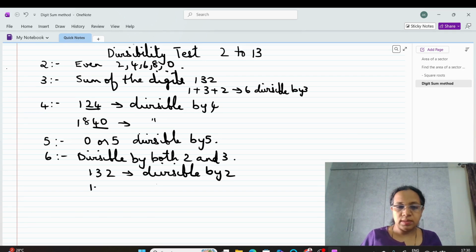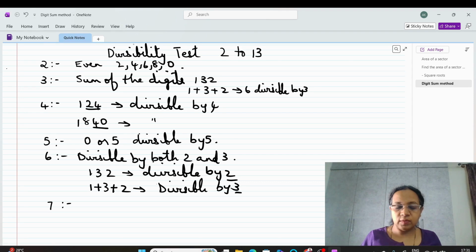And the sum of its digits is 6, which is divisible by 3. Since it's divisible by both 2 and 3, it's divisible by 6. Now let's look at the divisibility test of 7.